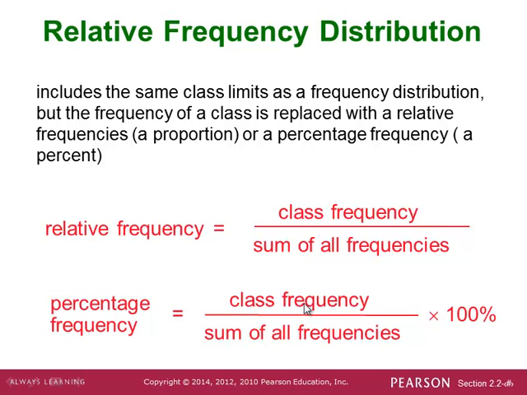And if you wanted to even convert those to percentages, then just multiply by 100%. The relative frequency will just be a decimal, or maybe a fraction if you want to do it that way. But for the percentage, you can just multiply by 100%.